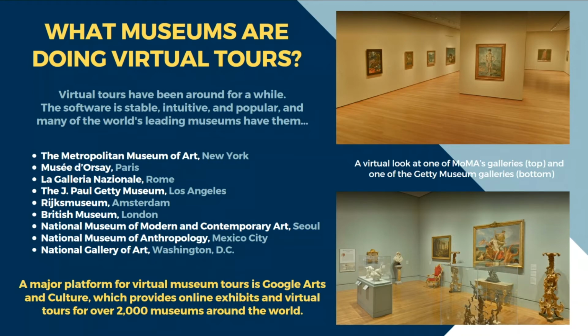Google Arts and Culture, they're out in front as they are on many tech things. They have an app called Google Arts and Culture, which provides online exhibits and virtual tours for about 2,000 museums around the world. I think if you'd like your virtual tour to be featured by them, you're able to reach out to them and ask, but I think they expand their lists a step at a time.